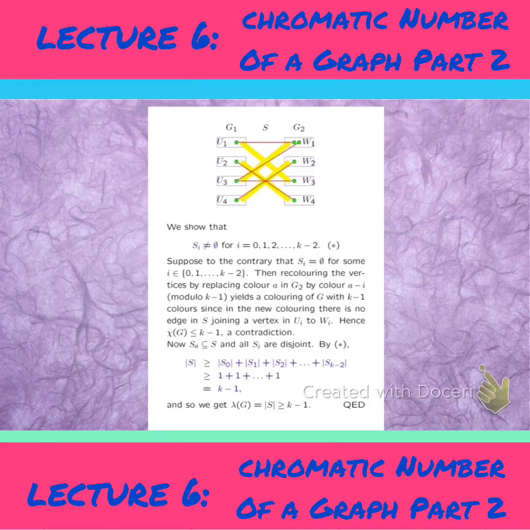So that's how these sets, the S sets, are defined. Now what they claim is that for some index I, where I runs from 0 to k minus 2, for some I, we have that some Si is not empty.